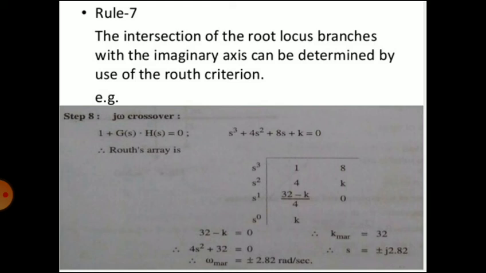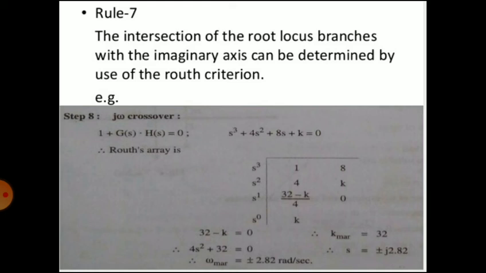Differentiate the previous row. So it will be 4s square plus 32 is equal to 0. So s equal to plus or minus j 2.82. So omega marginal will be equal to plus or minus 2.82 radian per second.